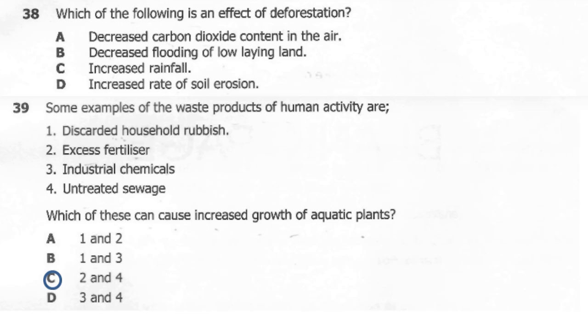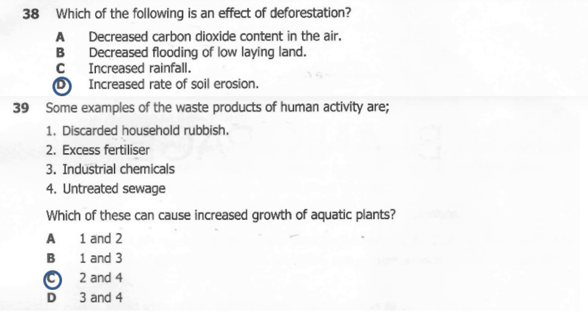39. Some examples of waste products of human activities are: 1, discarded household rubbish. 2, excess fertilizers. 3, industrial chemicals. 4, untreated sewage.